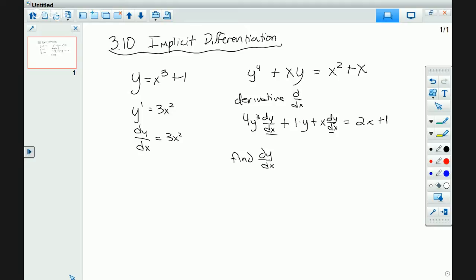So, how do I do that? Yeah. Move everything to the right that does not have a dy dx. But leave these alone. By subtracting x or subtracting 4. We're moving it across the equal sign.